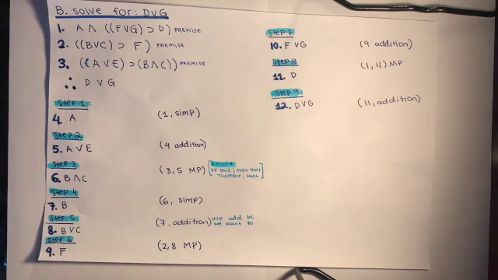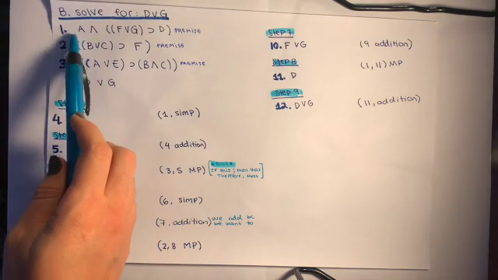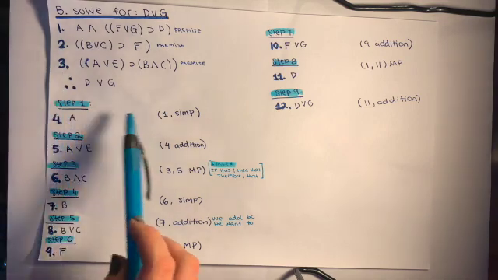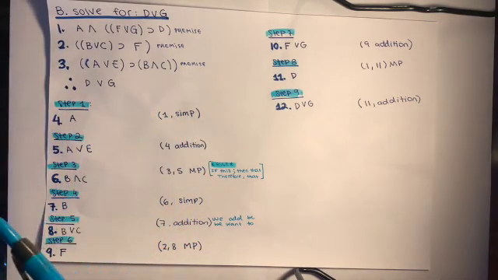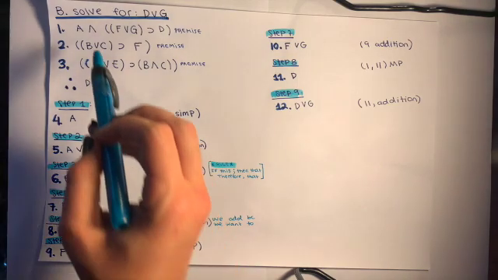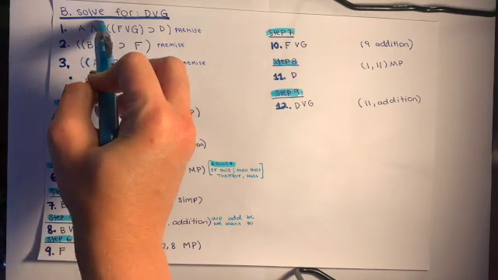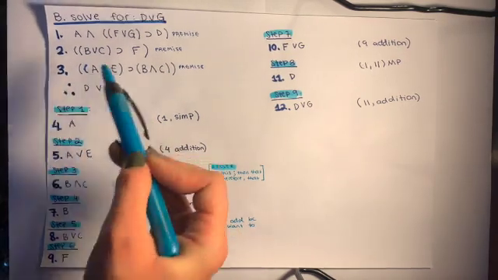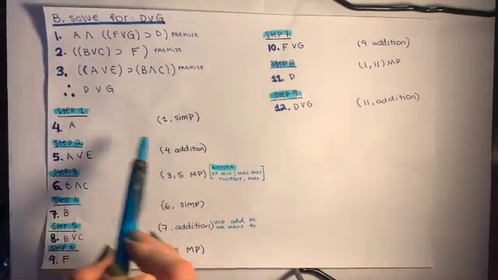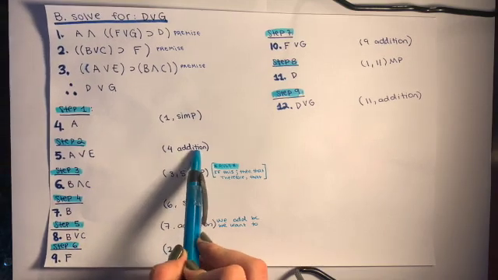So the first thing we need to do is take the A out of the first line through simplification. And then because of A, since it's an AND statement, we also know that we have A or E, through line 4, through addition, because we can add everything we want.